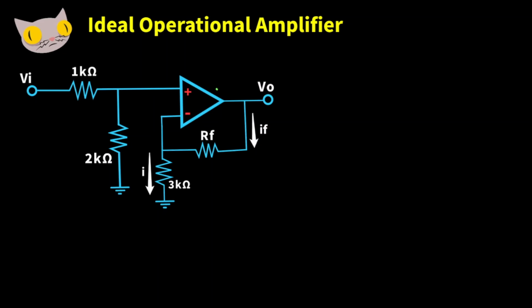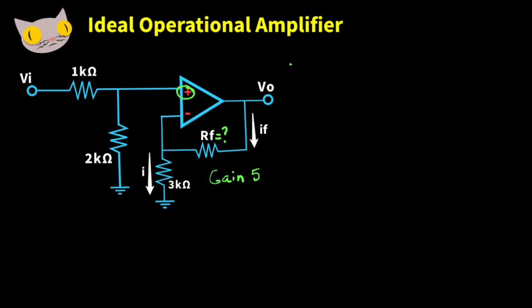Okay, so now for this ideal op-amp, what should the value of this resistor be in order for us to obtain a gain of 5? First, let's find the voltage at the positive input terminal here on the op-amp. We can do that through voltage division.